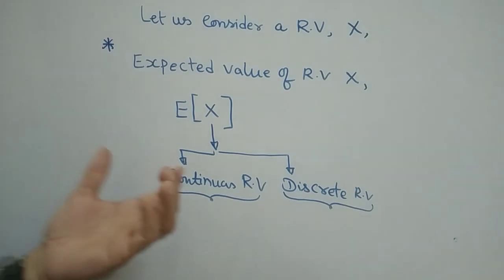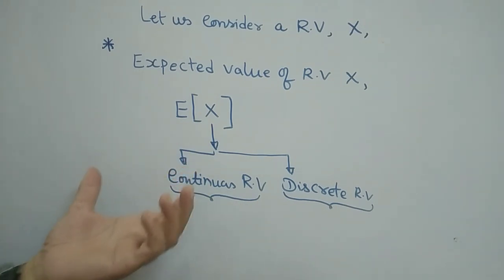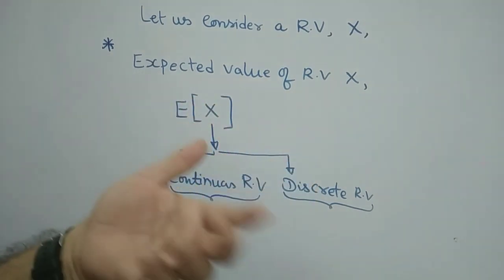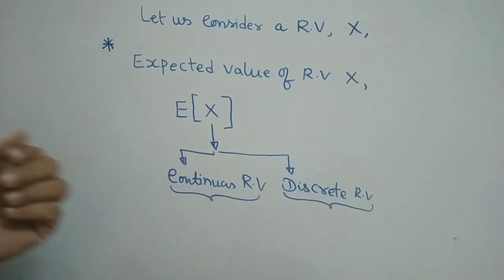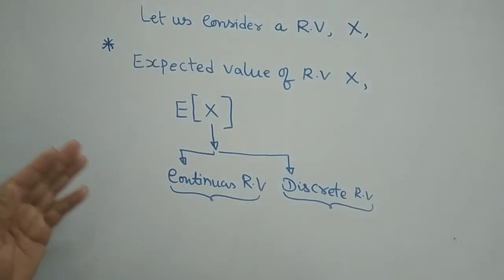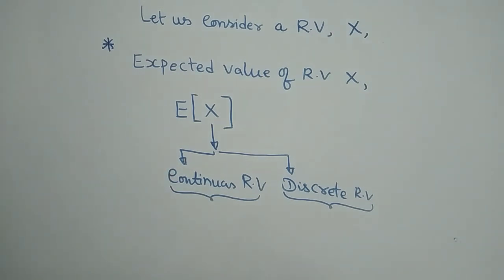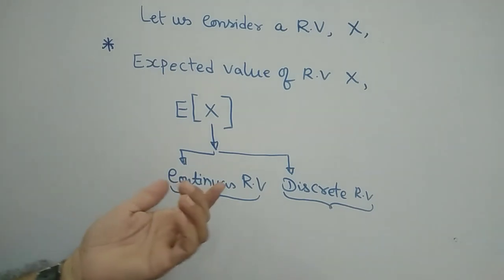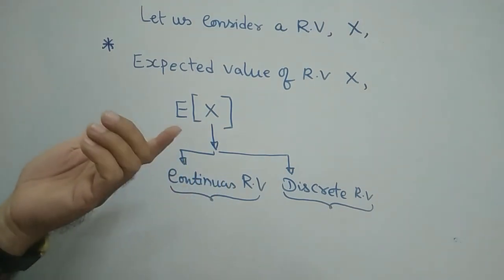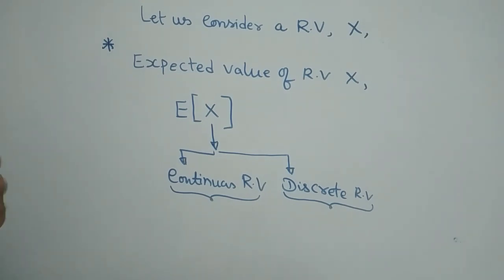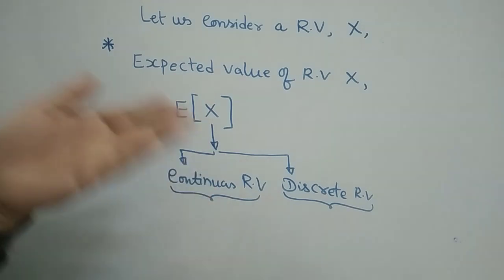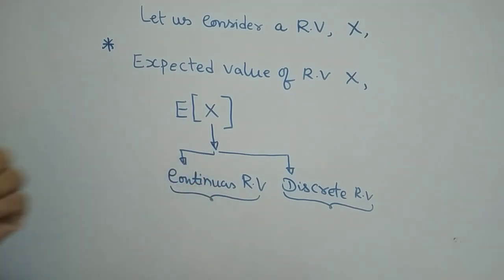The first one is the continuous random variable, and the second one is the discrete random variable. What is a continuous random variable? It is considered for continuous variables without any discontinuities. If the possible outcome values of random variable X are considered for a continuous event, that is called a continuous random variable. Otherwise it is called a discrete one.